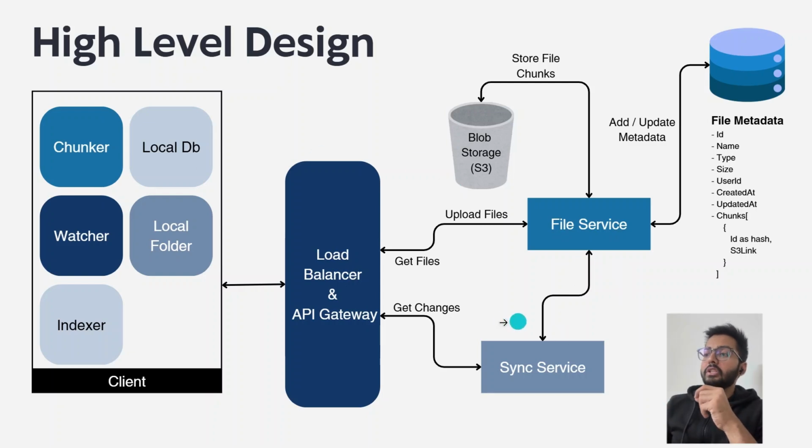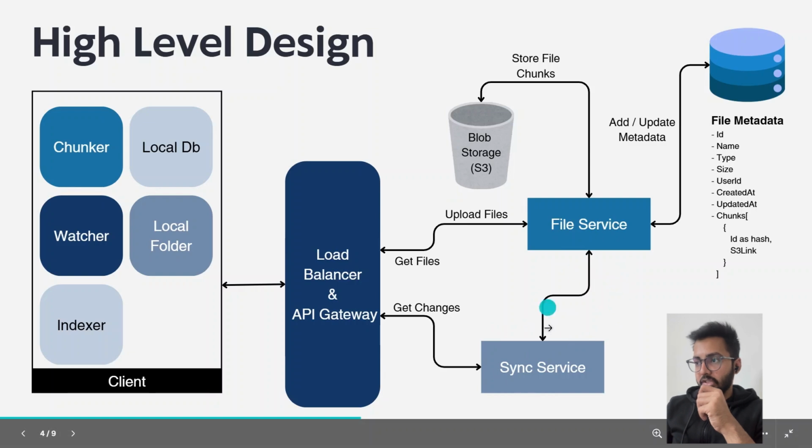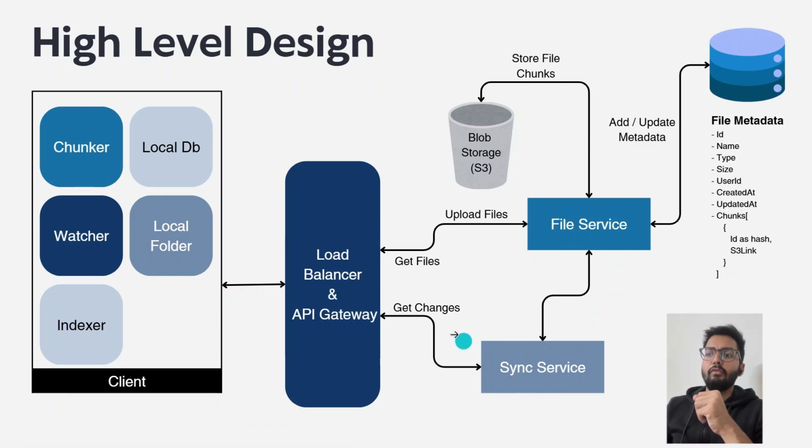So that information would again be fetched through the sync service from the file metadata and applied as changes in the local DB. This is how the sync service will work for syncing the file across multiple devices. So yeah, that's all about this video.